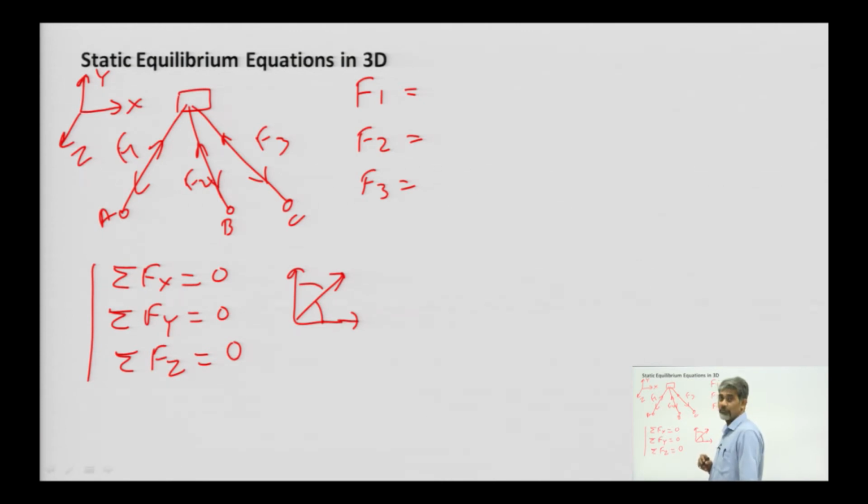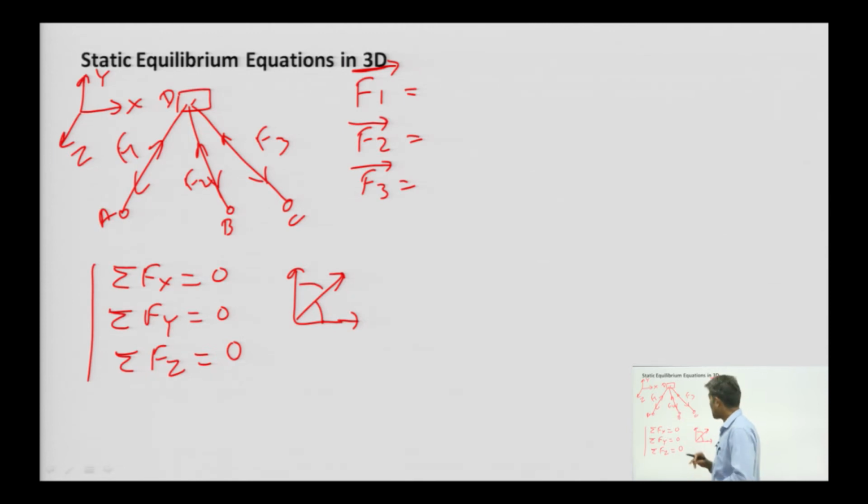we use the vector method. If we are able to write the force in member AD as vector F1, the force in member DB as vector F2, and similarly vector F3 for member CD, then it is very easy.